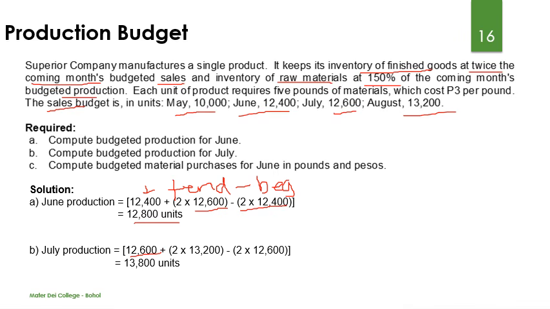And for our beginning inventory, that's twice of 12,600, because the beginning inventory for July is the ending inventory in June, and to get the ending inventory in June we have to double the budgeted sales of next month. So that's 2 times 12,600.